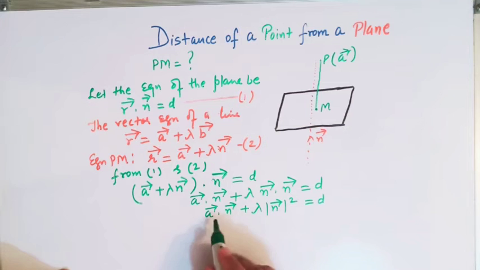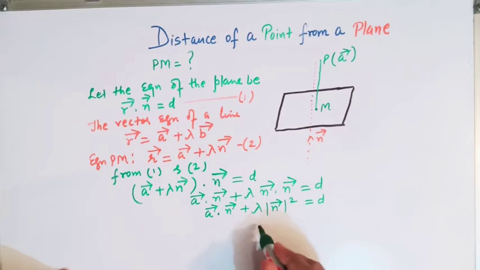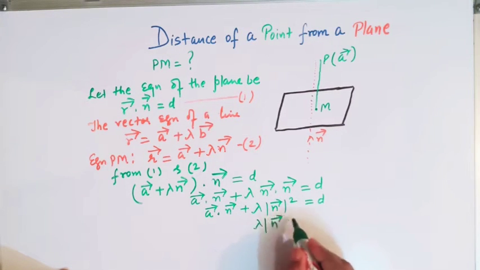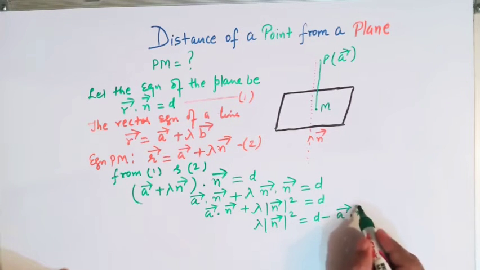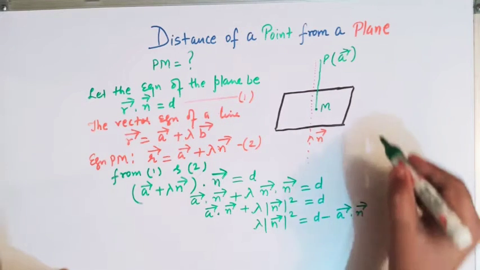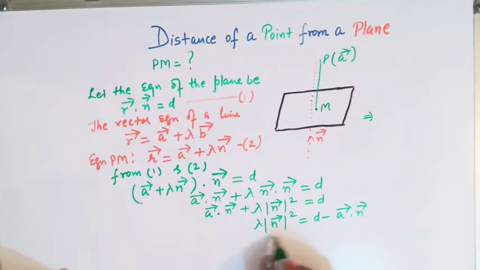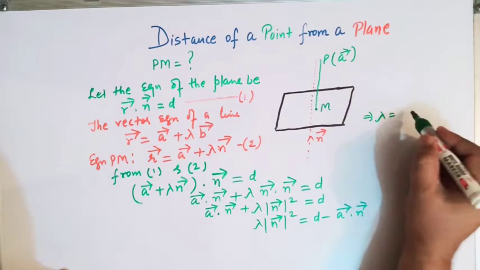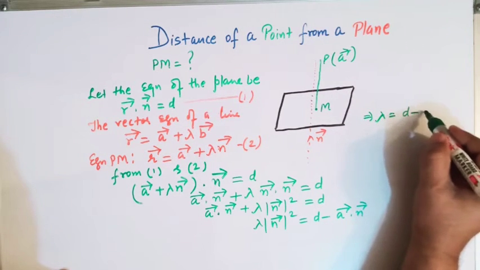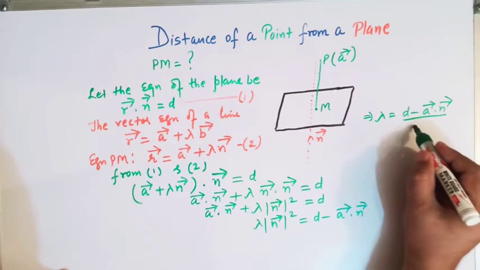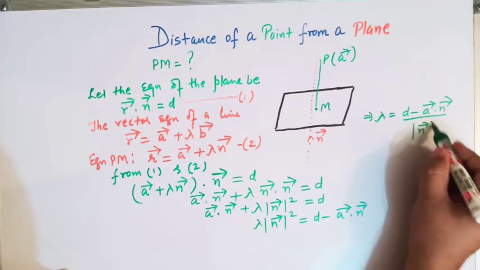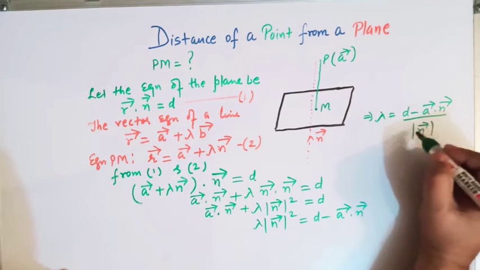Now taking this term to this side, we have lambda times the square of the magnitude of vector n is equal to d minus A dot vector n. In other words, we can write lambda equal to d minus vector A dot vector n divided by the square of the magnitude of vector n.